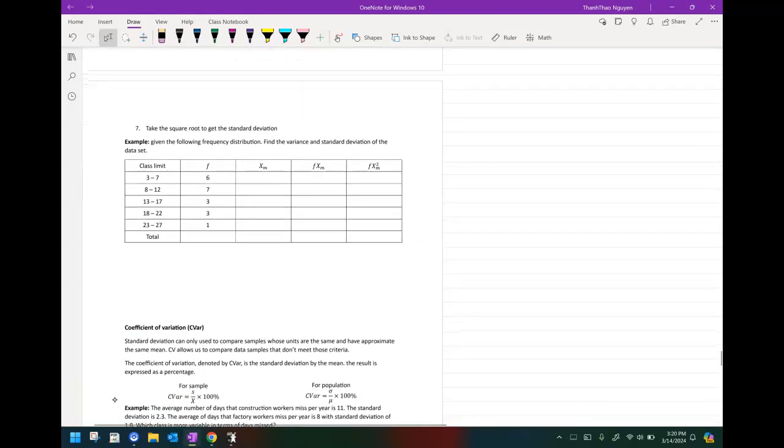So here you have the class limit and the frequency. First things first, we need to find the midpoint. The midpoints here are 5, 10, 15, 20, 25.